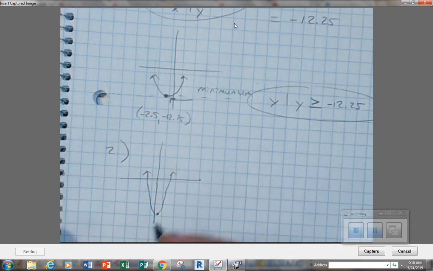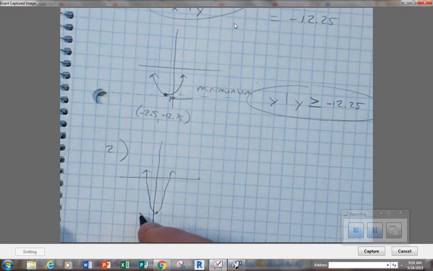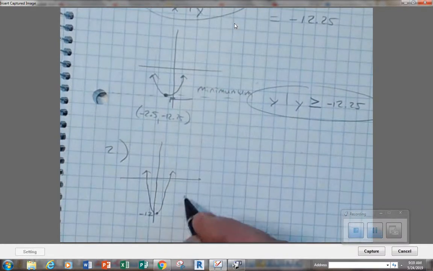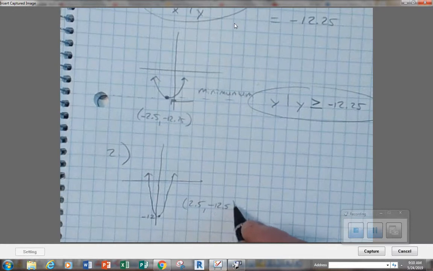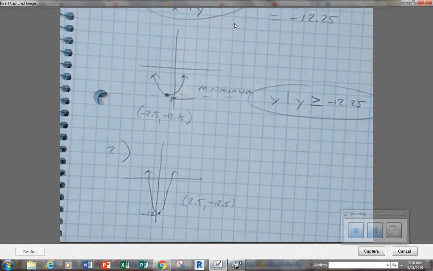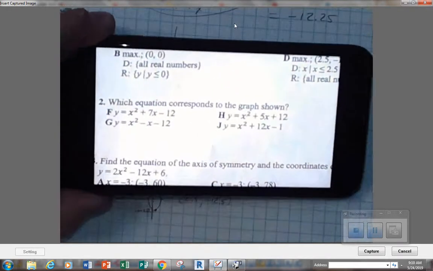So it looks like barely a fraction for x, and then way down by negative 12 for y. Almost like the one above, but 2.5, maybe negative 12.5. So that's what that one looks like approximately. I need to find which one of these has that. I'm looking at problem number 2.